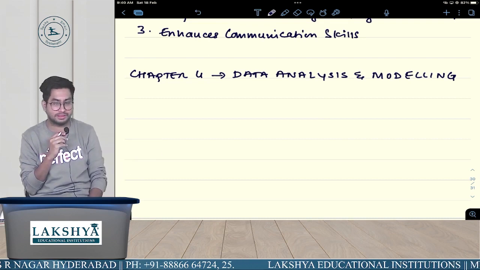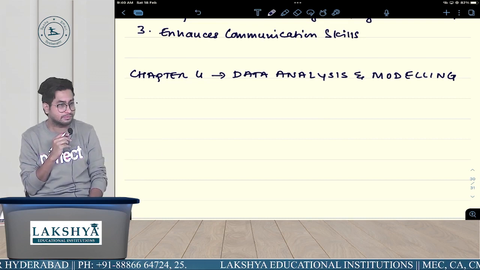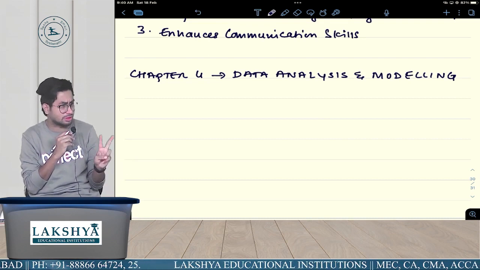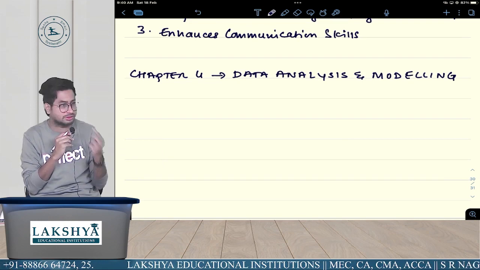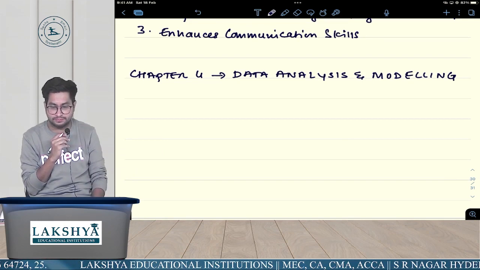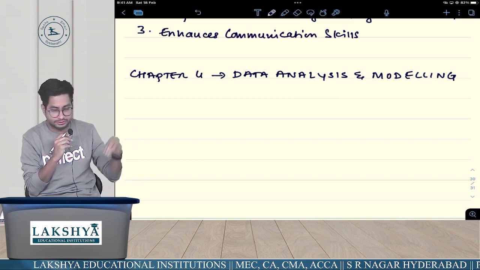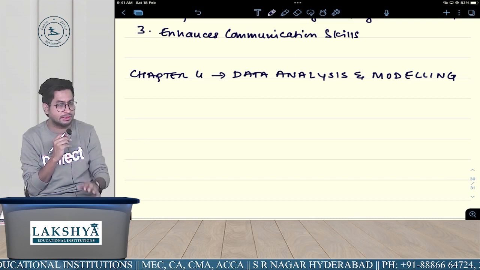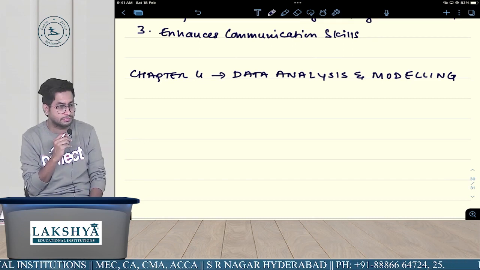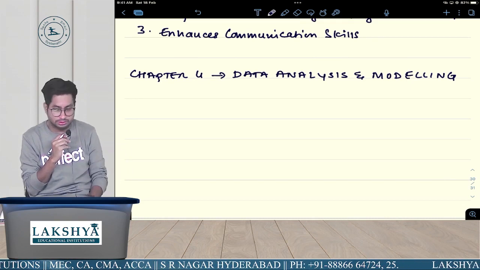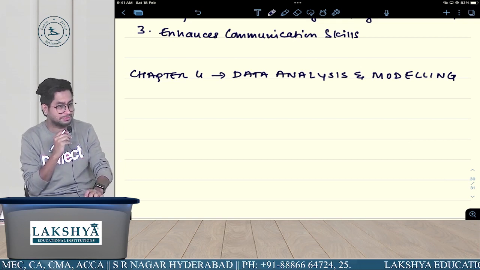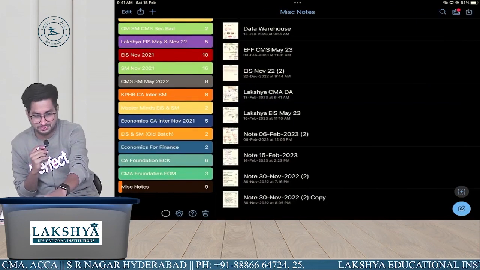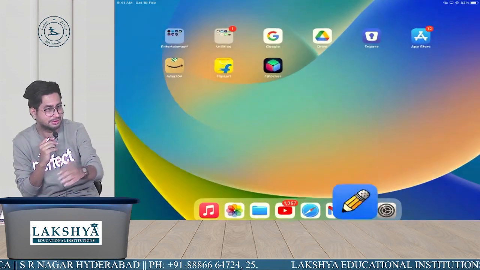How many concepts are there in this? 2 concepts. Only 2 small concepts. The first big concept is data analysis. A very big concept. 99% of this chapter is data analysis. Only 1%, one small question, we have on data modeling. In brackets, note down, next class. We will discuss it in the next class.